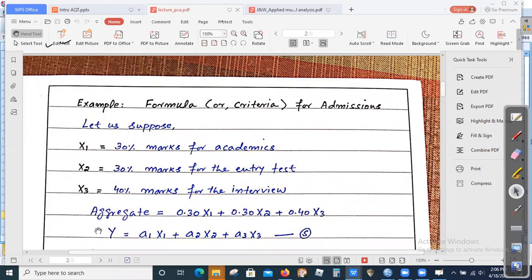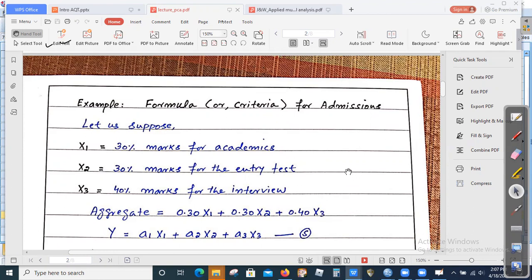In the language of PCA, this particular process in which you represent the information originally available in 3 variables and reduce it to, for example, 1 variable, is given the name of dimension reduction or dimensionality reduction, right? Remember this keyword because I'll be using this word quite often in my discussion.